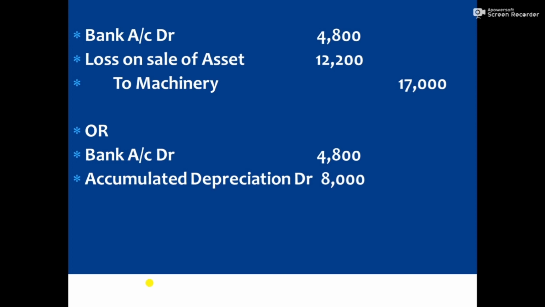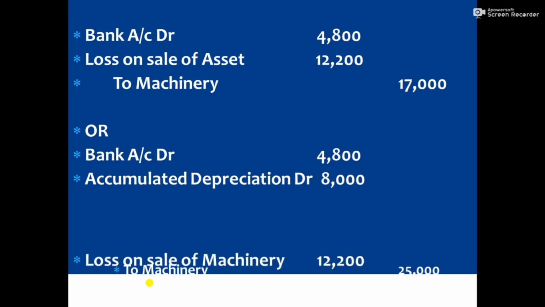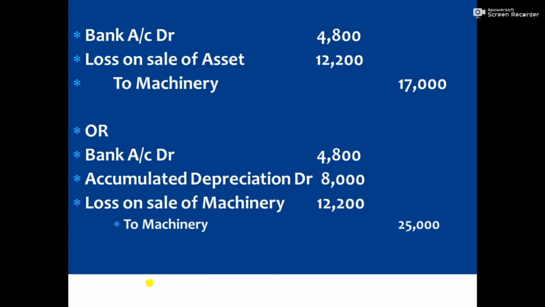Loss on sale of machinery we already computed, that is 12,200, account debit, to machinery, that is the original cost of that machinery, 25,000. Journal entry is bank account debit 4,800, accumulated depreciation account debit 8,000, loss on sale of machinery account debit 12,200, to machinery 25,000.